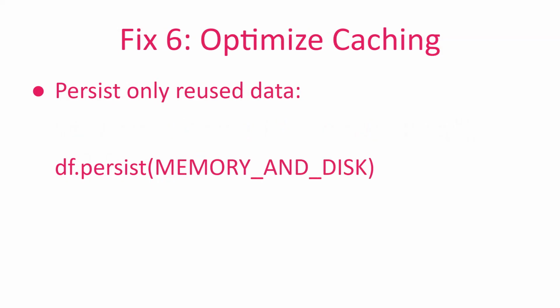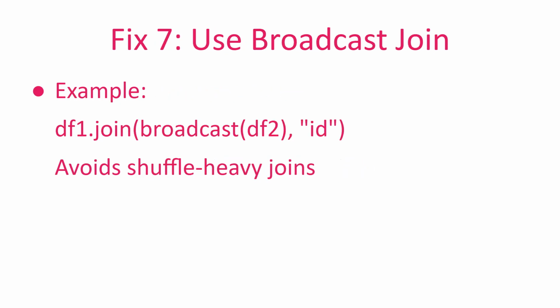Optimize cache. Instead of cache we will use persist, only for reused data. We write df.persist(StorageLevel.MEMORY_AND_DISK). Don't over cache.